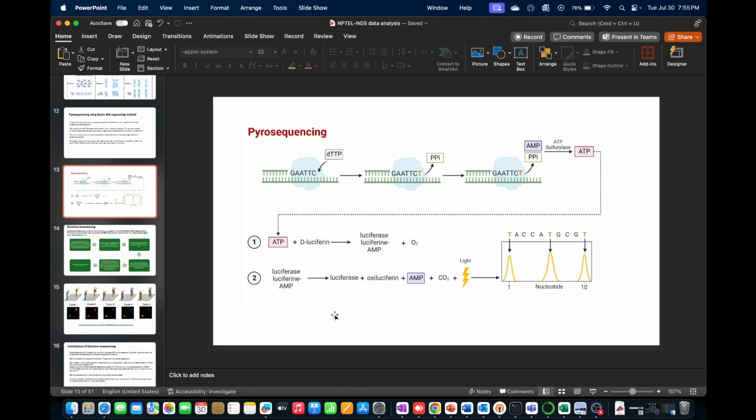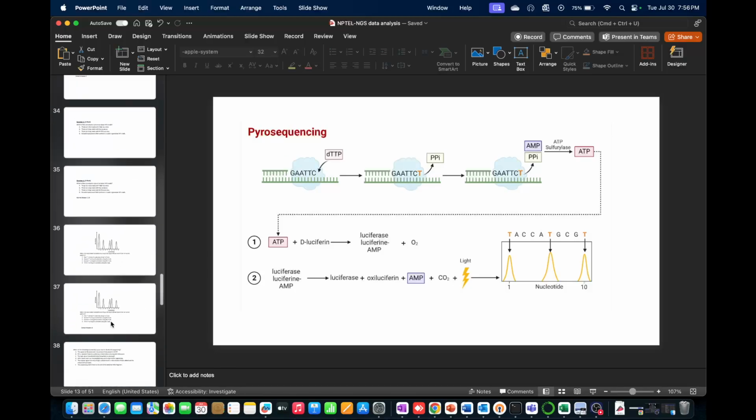The concentration of luciferase inside the well or the tube is not that important. So the ATP will bind to this D-luciferin, which will form this complex. Since this complex is very unstable, it will break off and give you the luciferase and the light.